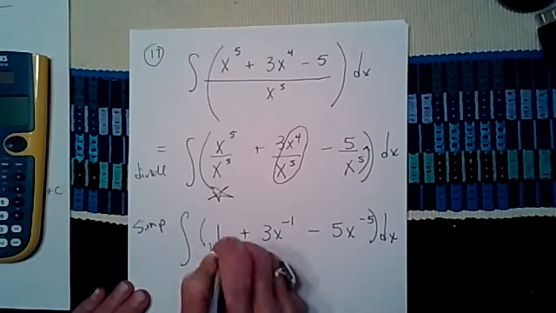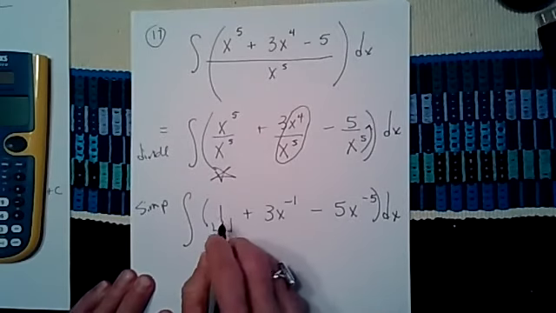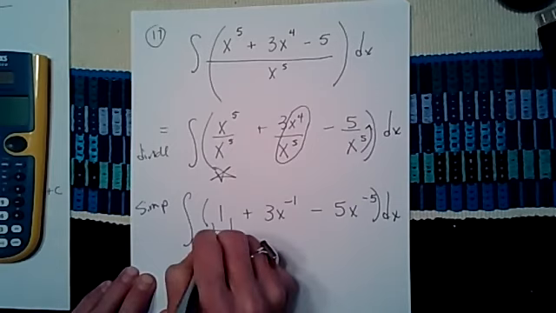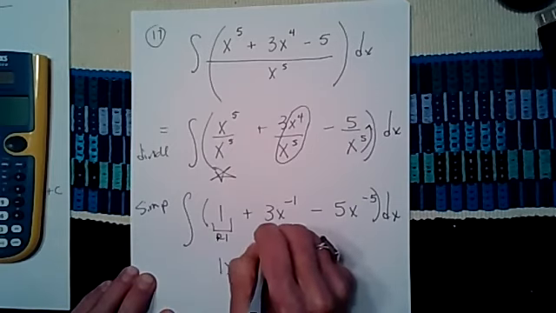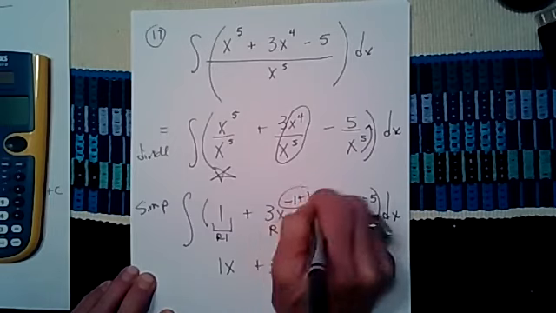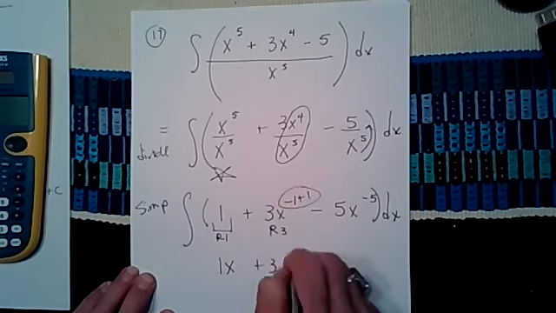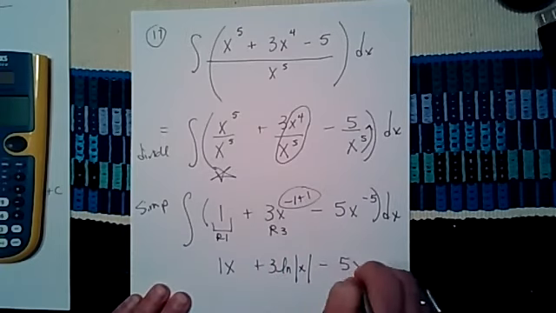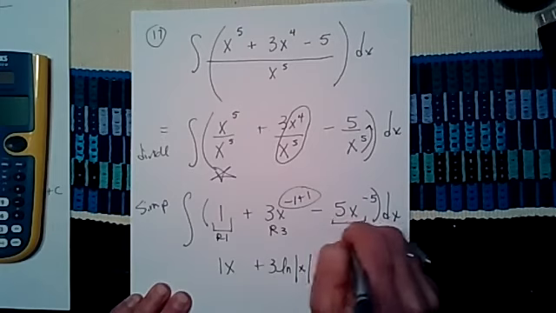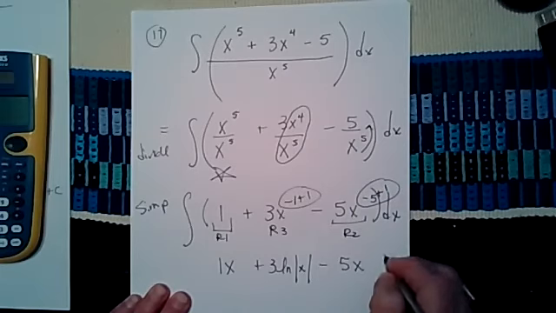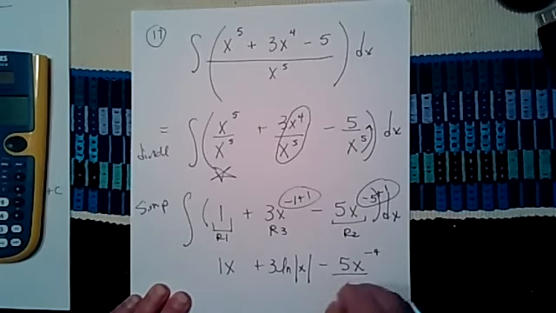Don't forget about this 1. What's the antiderivative of 1? It's 1x, right? It's rule 1, and this is rule 3, because when I add 1 to the negative exponent, I get 0. So it's the ln of the absolute value of x minus 5x, and this is going to be rule 2, because that exponent's not -1. -5 plus 1 is -4, divided by -4 plus c.